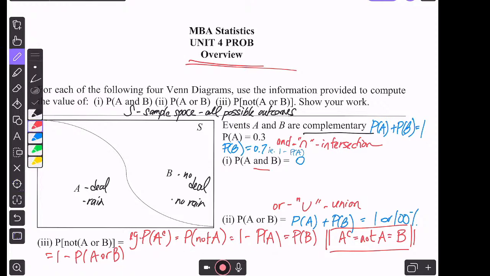But it turns out for complementary events, A or B was 1. So 1 minus 1 means that this will be 0. So there is no place where either A or B happens. It's either A or B and nothing else. I think that's the way to think about it, okay?